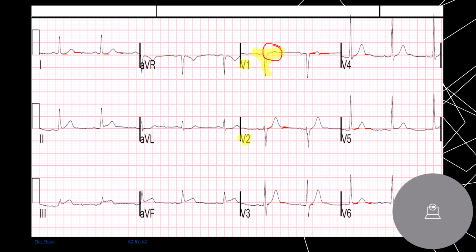This is a shape I don't like. This is where you start to see that convex or concave shapes. Those are the ones you got to watch out for. So a little baseline, boom, boom, a little depression, and then 2, 3 and AVF.